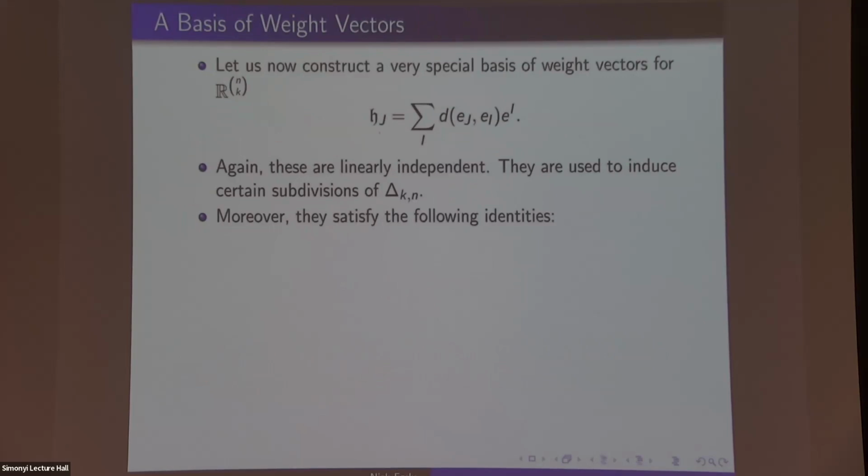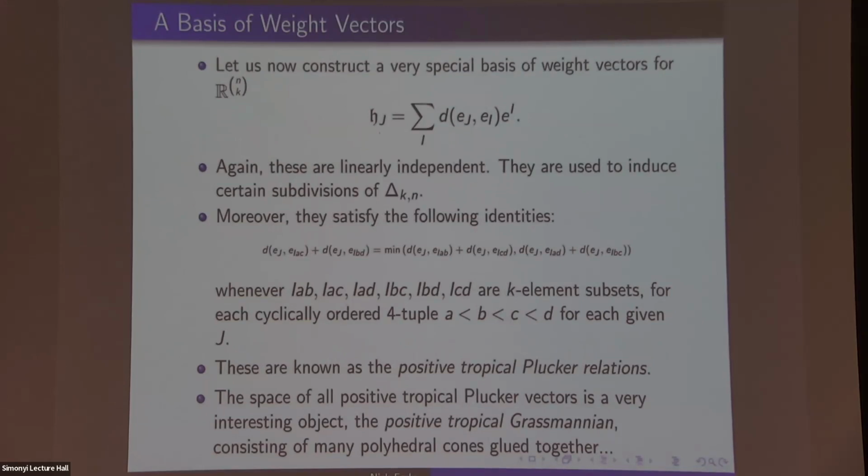They're linearly independent and they satisfy a certain very important family of identities. You let H_J range over all j element subsets which are not cyclic intervals. And they satisfy this important family of relations. You'll immediately recognize that these are the positive tropical Plücker relations.